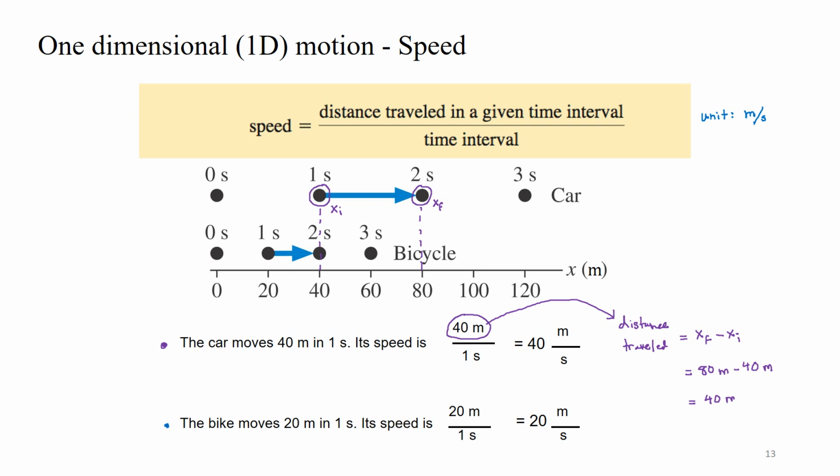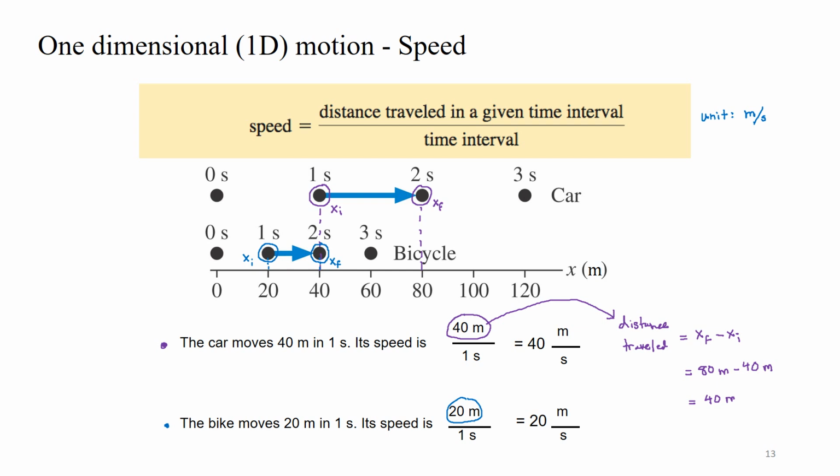Then let's repeat for the bike. And for the bike, we again choose 2 points. Doesn't matter whether it's the first 2 or anywhere in the interval. So you choose 2 points here, x initial and x final. And here we choose them at 1 second and 2 seconds again. Let's label them. Okay.